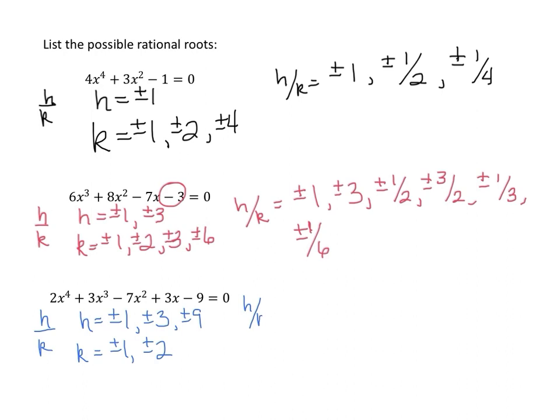So h over k: 1, 3, 9, 1 half, 3 halves, 9 halves. So all I've done: 1 over 1, 3 over 1, 9 over 1, 1 over 2, 3 over 2, 9 over 2.